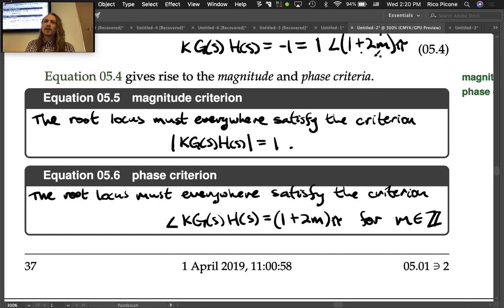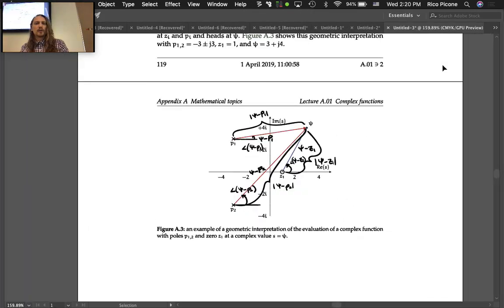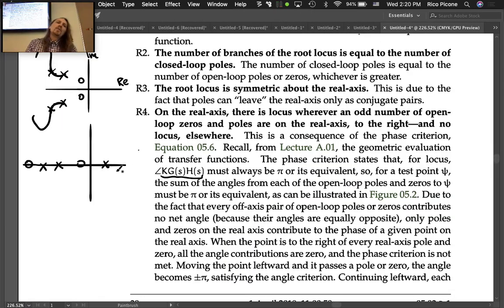Okay, so if we go back then to here, let's look at what happens if you have any poles or zeros off the axis. Remember, they always show up in pairs, right?